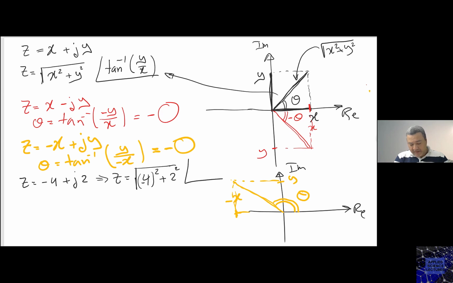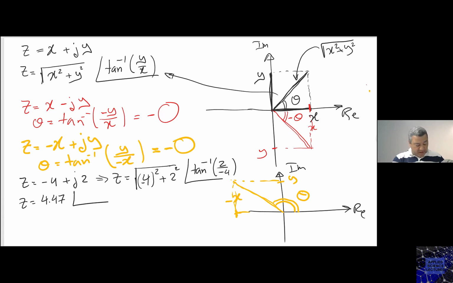And the angle is tan inverse of 2 divided by minus 4. So z here is the square root of 20, which is 4.47.